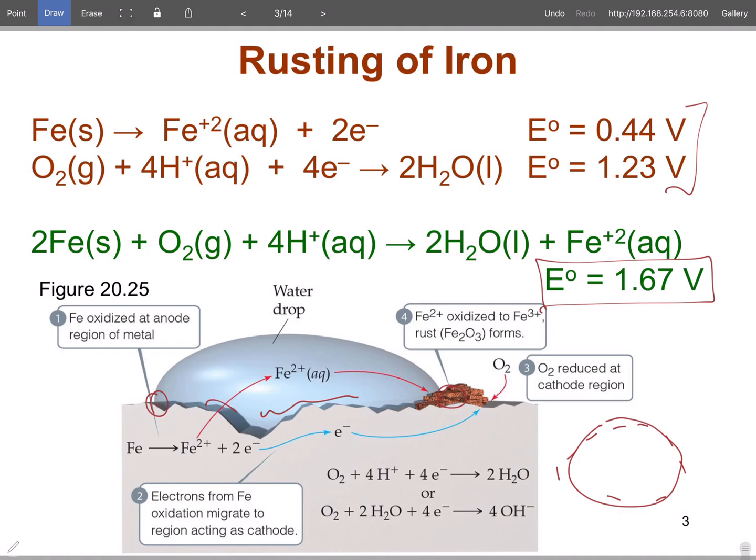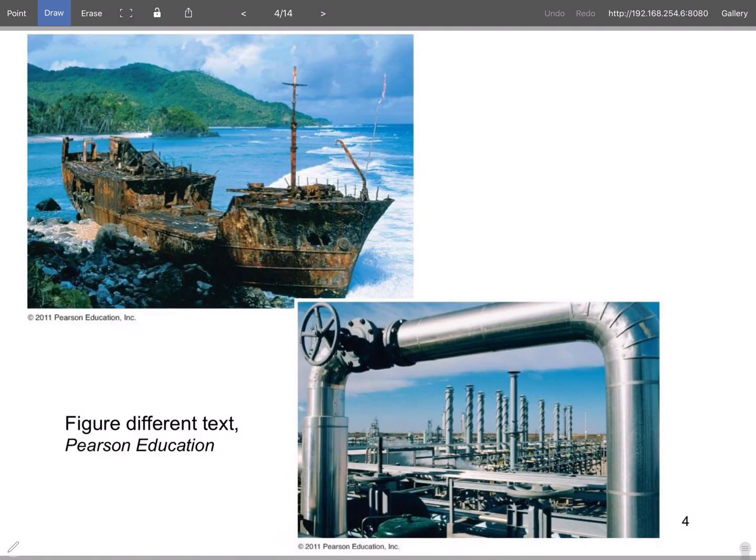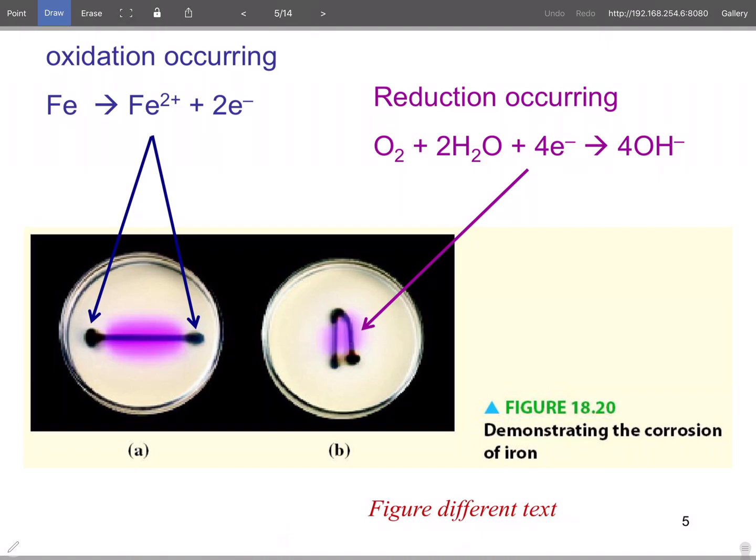And it is a major problem because ships do not like to rust. And pipes in refineries, different factories, whatever, really can't rust because then you have problems. So rusting is a major issue that needs to be dealt with.